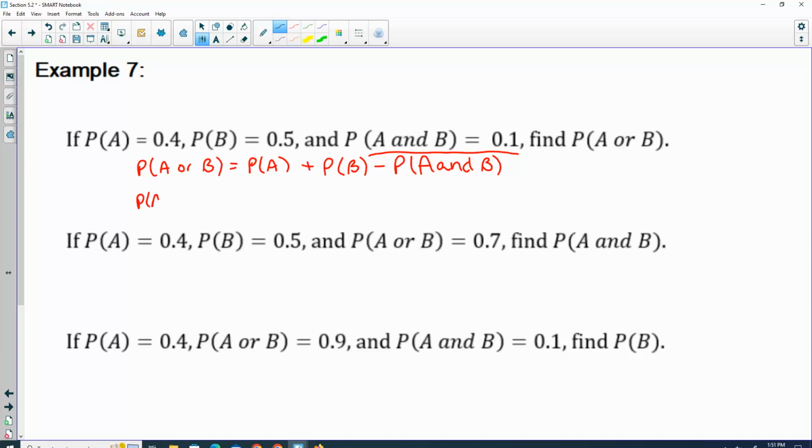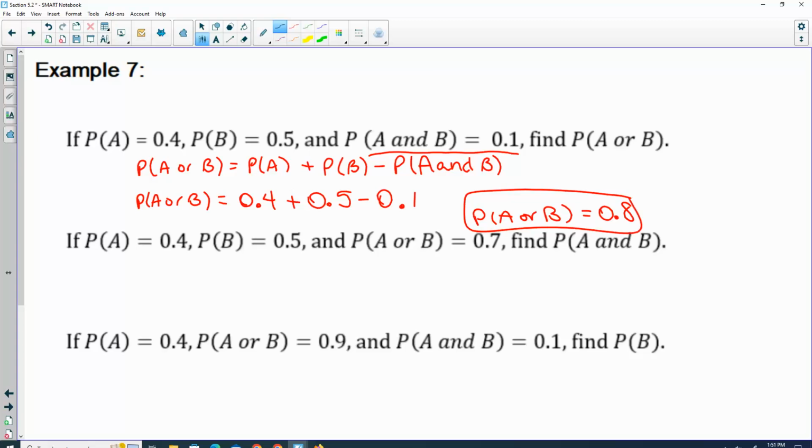We don't know the probability of A or B. Probability of A is 0.4. Probability of B, 0.5. Minus probability of A and B is 0.1. And what do we get? 0.8. You need to write probability of A and B. You don't have to.